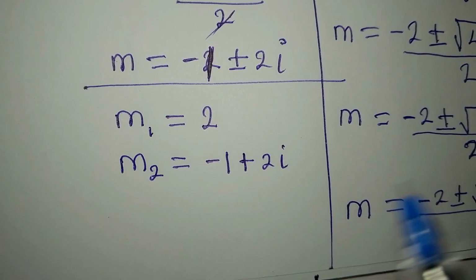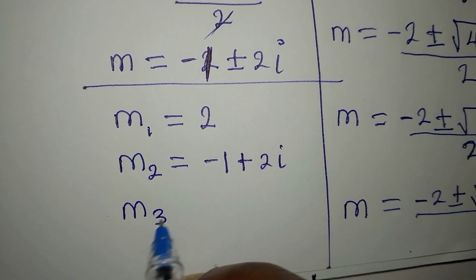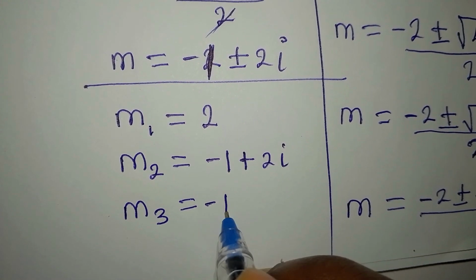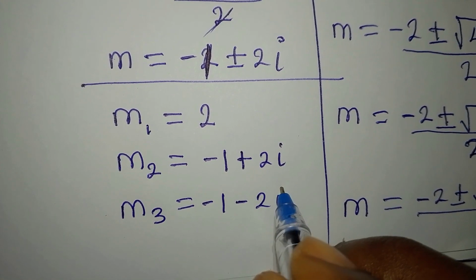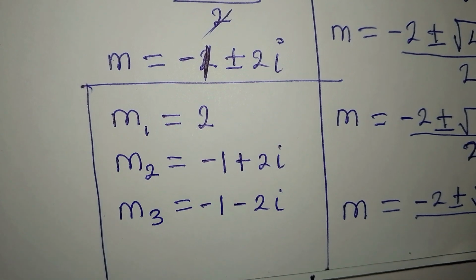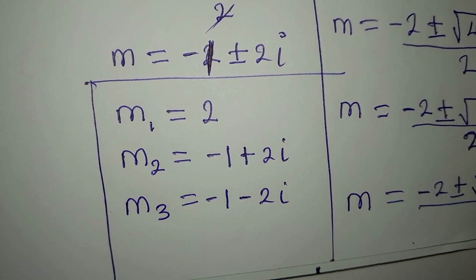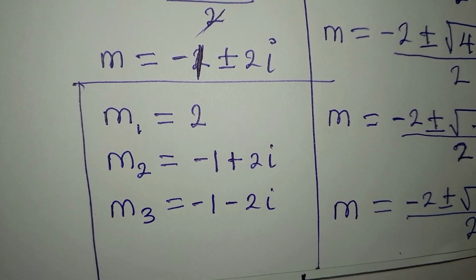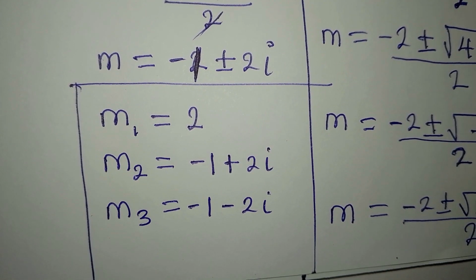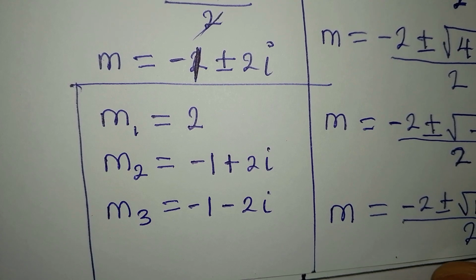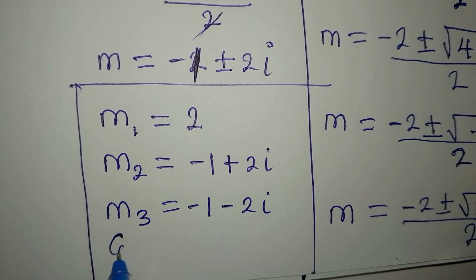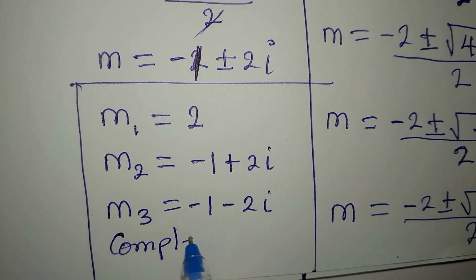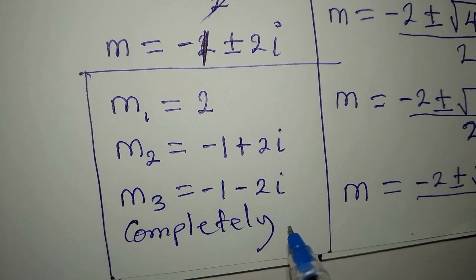Then our third solution, m3, is equal to minus 1 minus 2i. So the first solution is the real solution. The other two are complex solutions. We are to bring out the three solutions because the question says we should solve it completely.